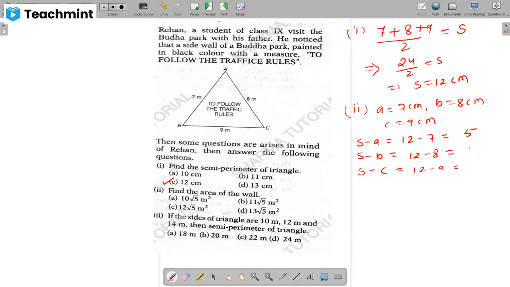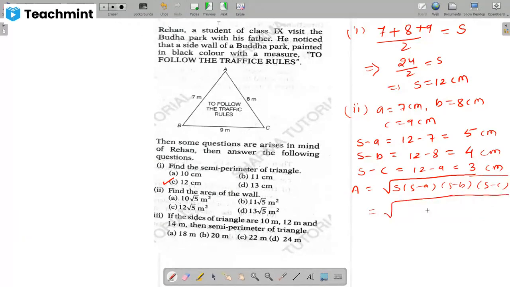This one is 4 centimeter and 3 centimeter. Now that formula, Heron's formula, s minus a, s minus b, s minus c. We'll put all the values. So s is 12. Be careful when you put the values, there are chances to make mistakes.